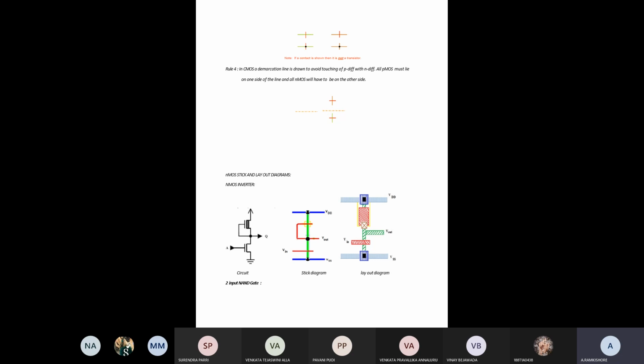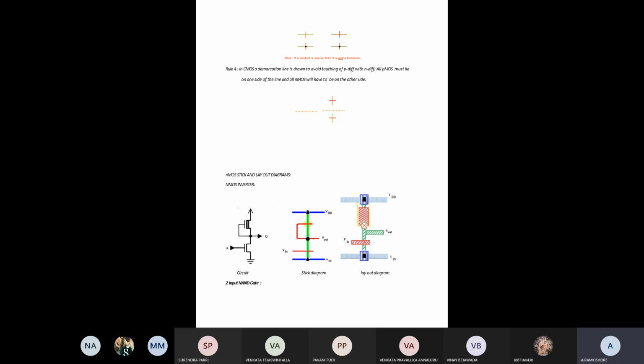We have to remember these points while drawing the stick diagram and the layout diagram. All of you practice these color diagrams and remember these colors.